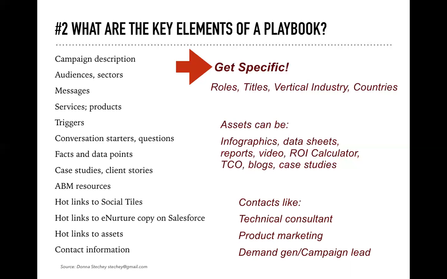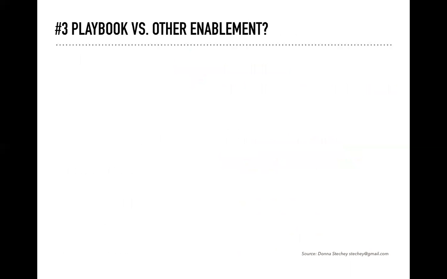I would also recommend you list yourself, the demand gen or campaign lead, so that the people on your sales teams know who to contact as they have more information. The benefit here is they'll also contact you when they're having great success, which is always good to hear about.